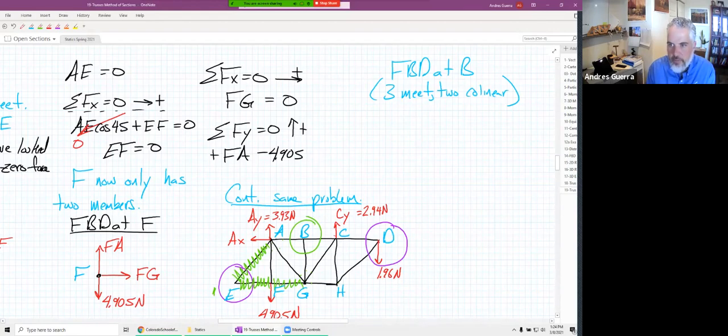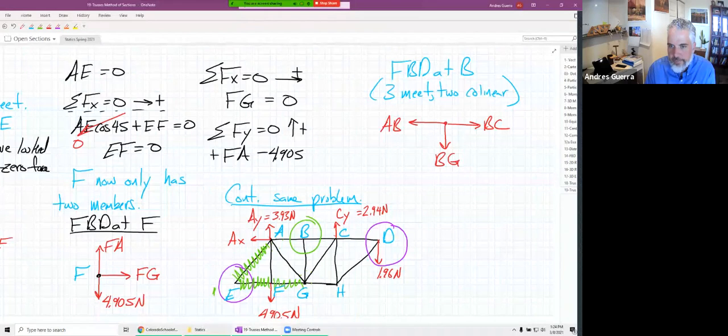So if we do an FBD at B here, we're going to have everything in tension, remember, pulling away from B. So AB is going to go to the left, BC is going to go to the right, and then BG is going to go down.